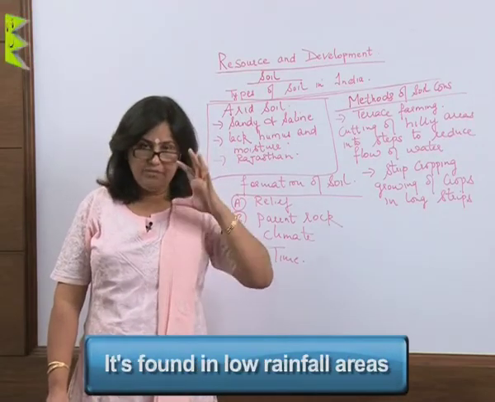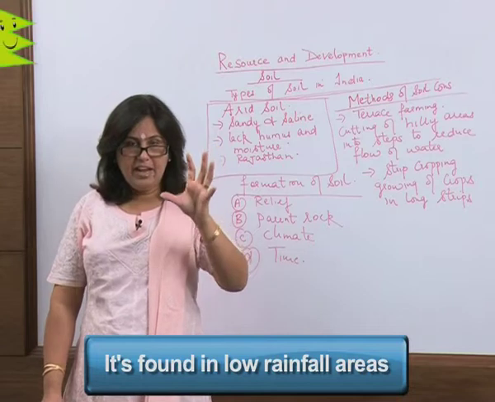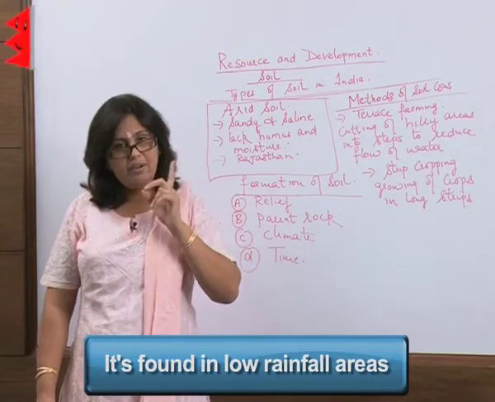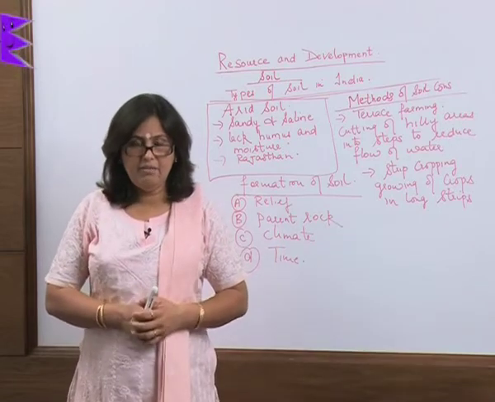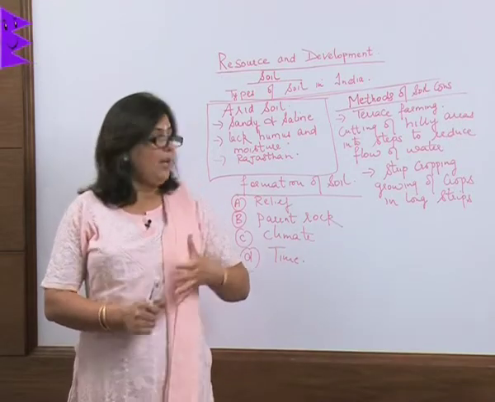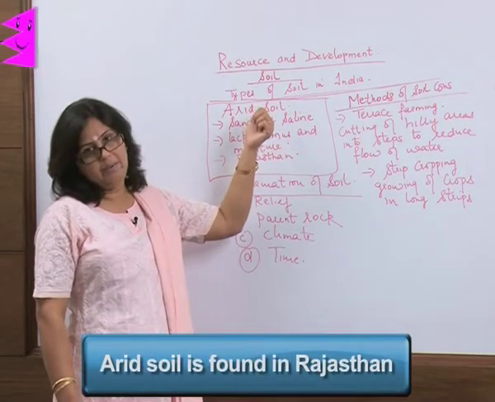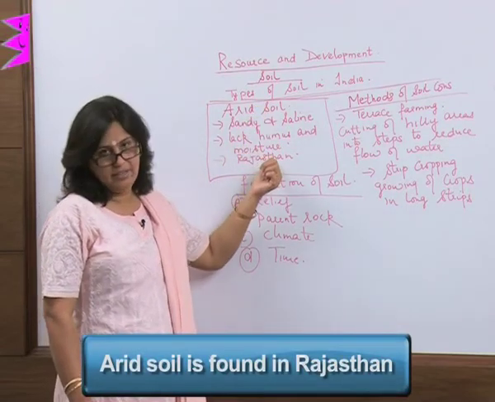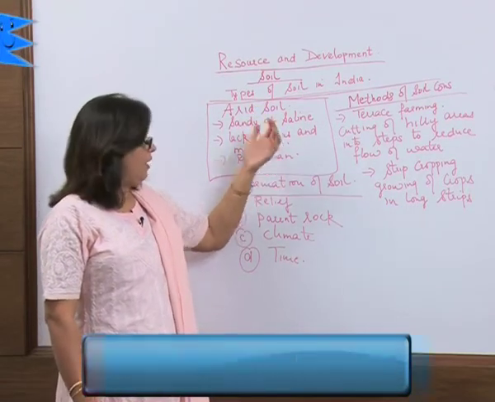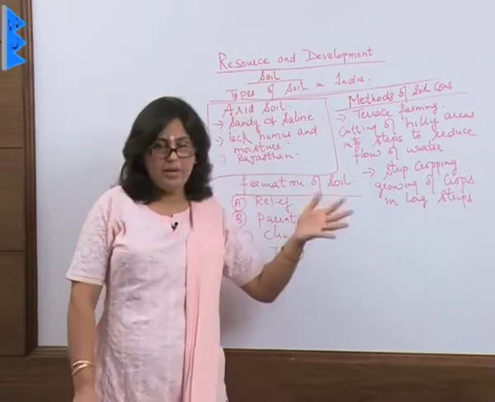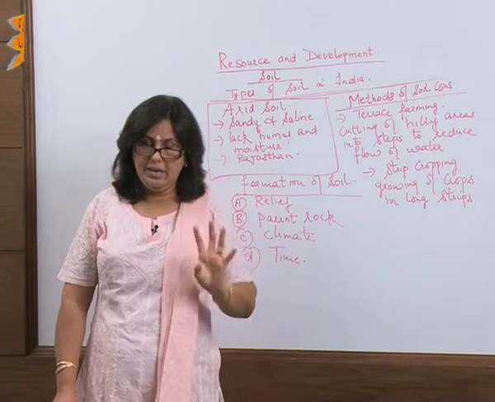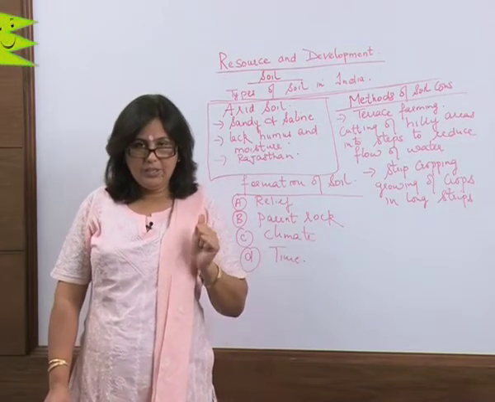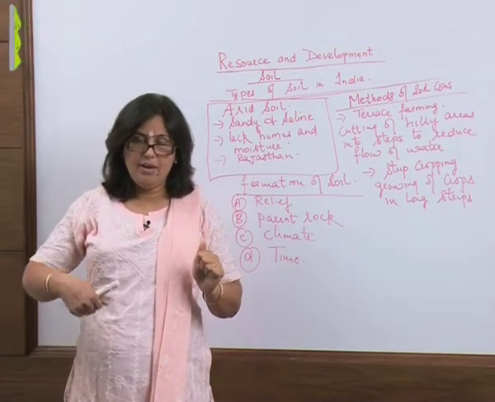That means it is found in the areas where there is scarcity of rainfall. And the best example that we can give in India of the state where arid soil can be found is Rajasthan.